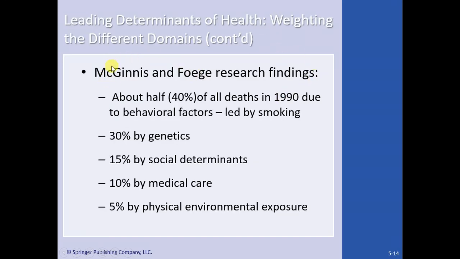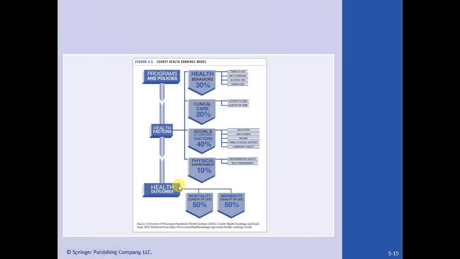This is one group that attempted to weigh these different determinants, and although there's nothing that's perfect, this is so interesting. So McGinnis and Foege found that our health was only 10% determined by our medical care, but behavioral factors had the strongest influence. Then genetics, you see, medical care rather low.